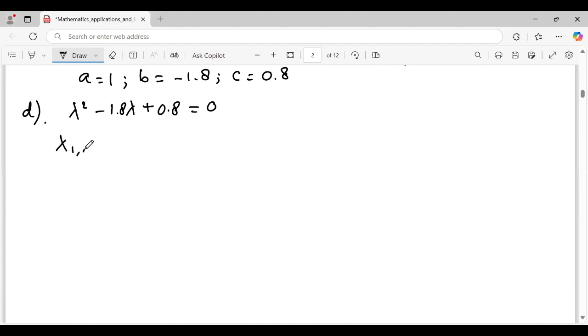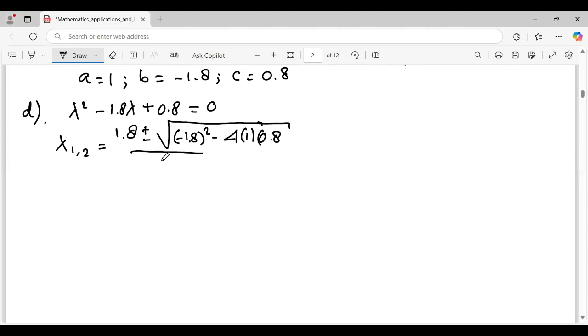I'm going to find the values of lambda through the ABC formula, which becomes 1.8 plus or minus the square root of minus 1.8 squared minus 4 multiplied by 1 multiplied by 0.8, over 2 multiplied by 1.